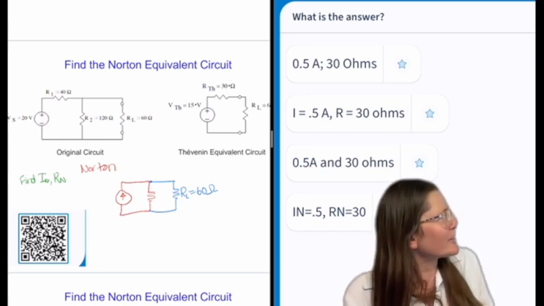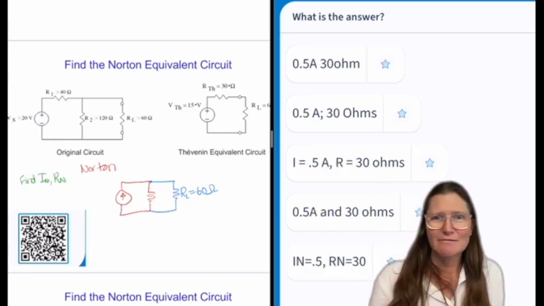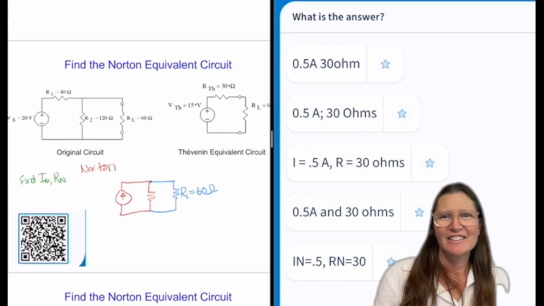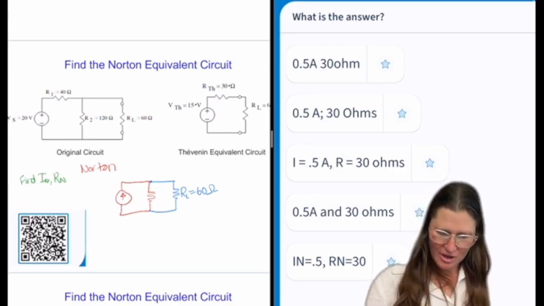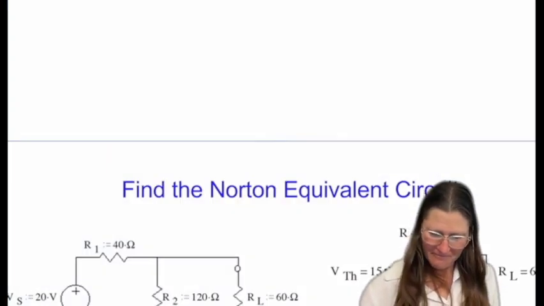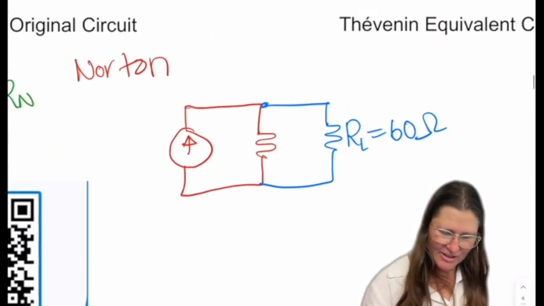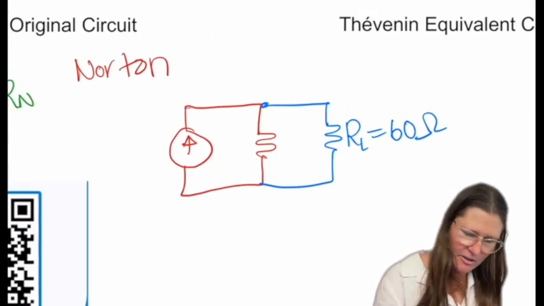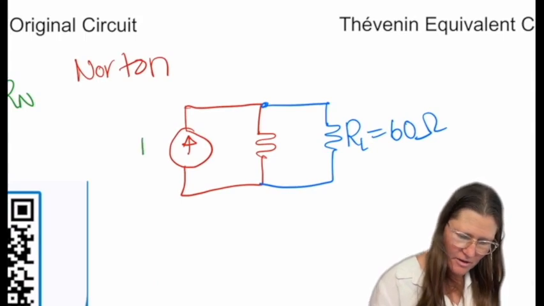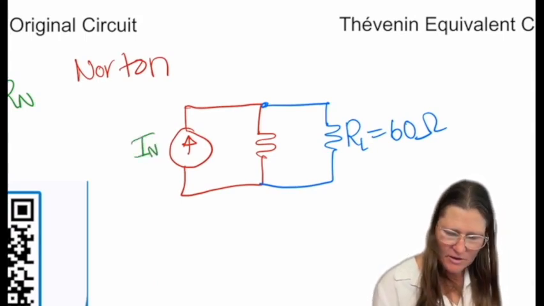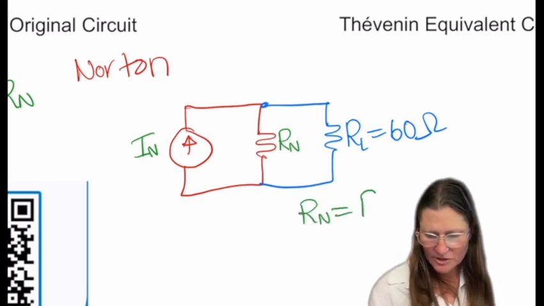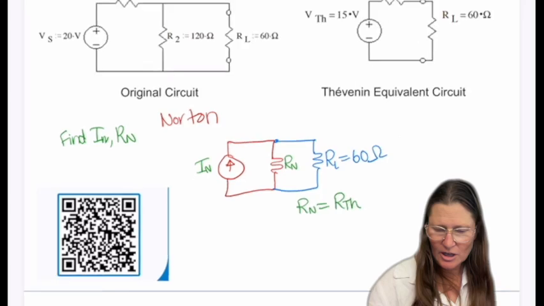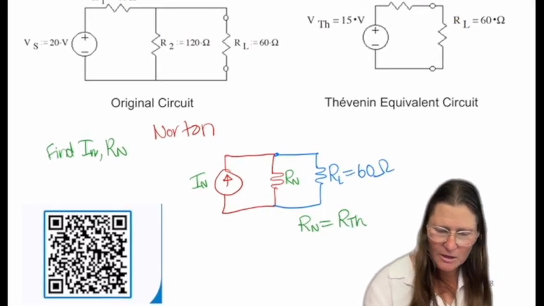So these are all the same answers and they are correct. So, good job. So what we said before is RN is just going to equal RTH, and in that case it's the 30.